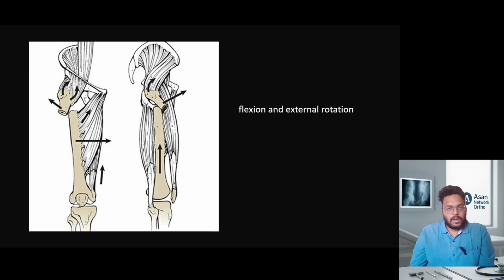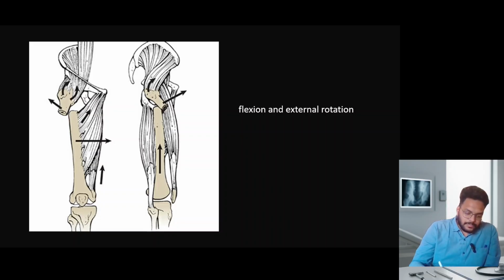Next, why is it important? The subtrochanteric fracture is a regular fracture, but the only difficulty comes in reducing the fracture, because the iliopsoas muscle attaches to the lesser trochanter, and there are the short external rotators.